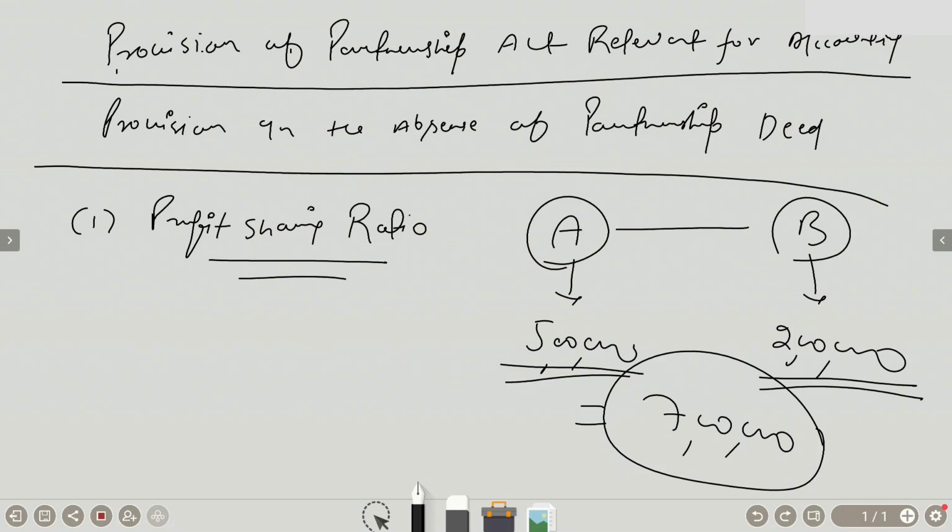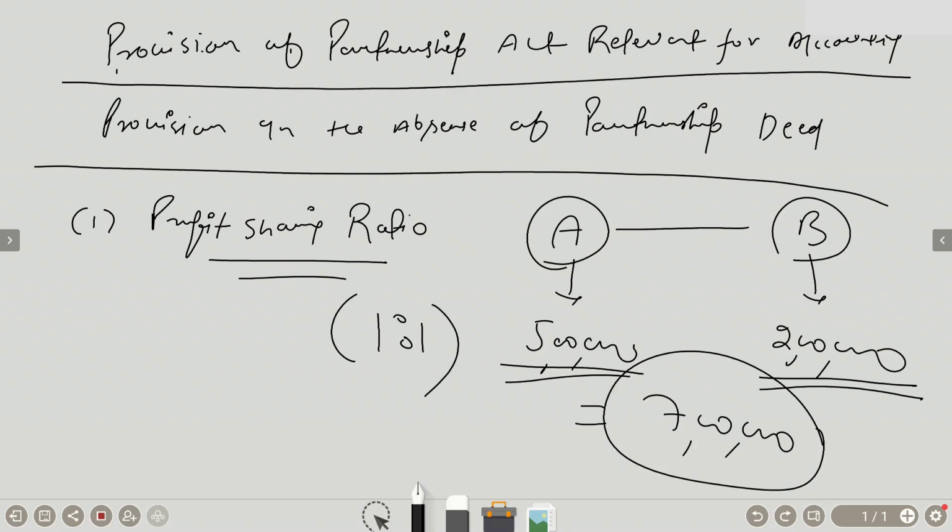The profit of the business will be shared equally. That means their profit sharing ratio is equal amongst them. Equal means 1:1. So this is one of the important provisions affecting the partnership accounts in the Partnership Act. Understood? I think you got this point.